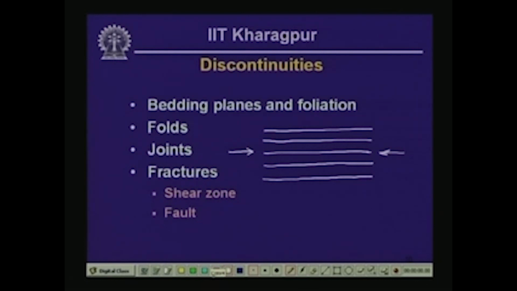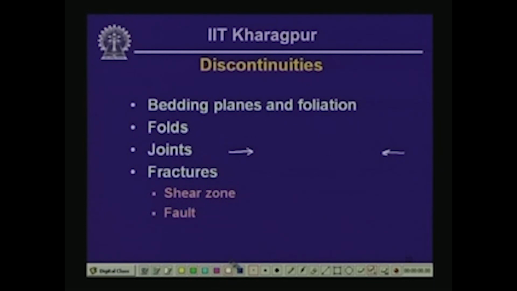Then the bedding is going to bulge up in this manner, and finally what you could get is a rock mass that has bedding planes of this type.